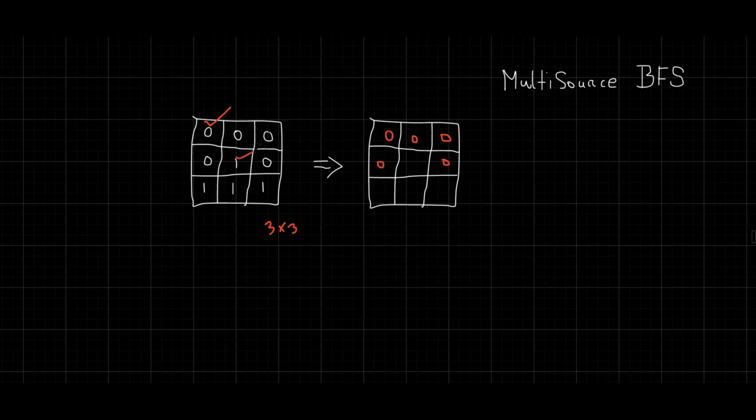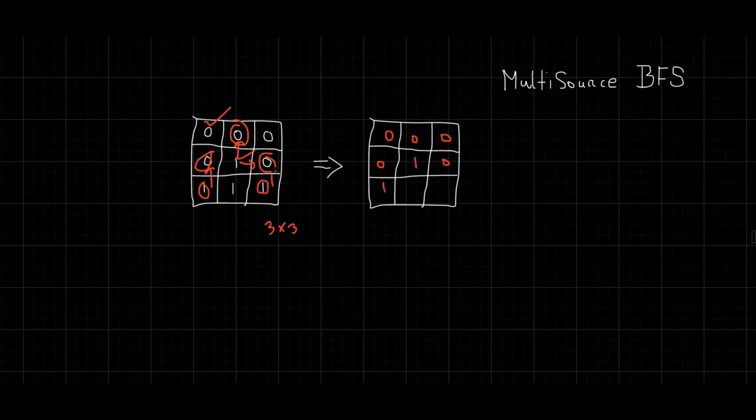Now suppose for this cell 1, what is the distance of the nearest cell which is 0? It is 1. The nearest cell which is equal to 0 is this, and this. So the distance will be 1. Now, suppose for this one, what is the nearest cell which is equal to 0? It is this, and the distance will be 1.